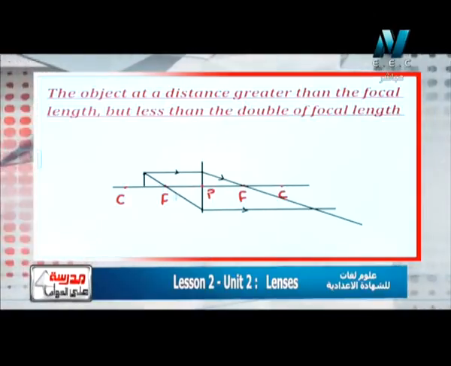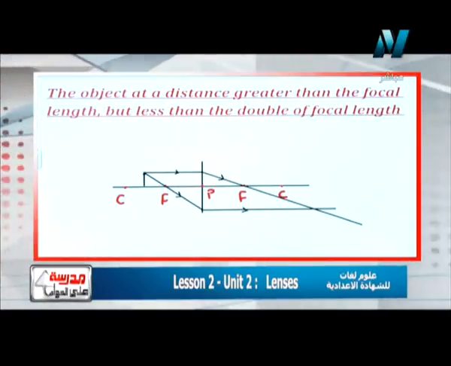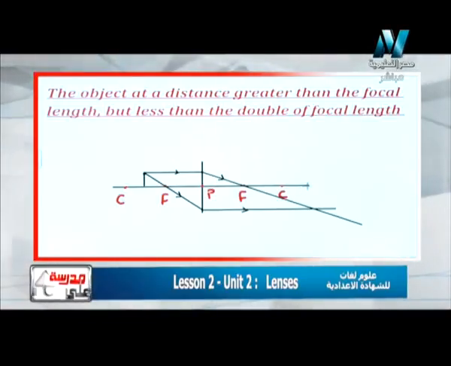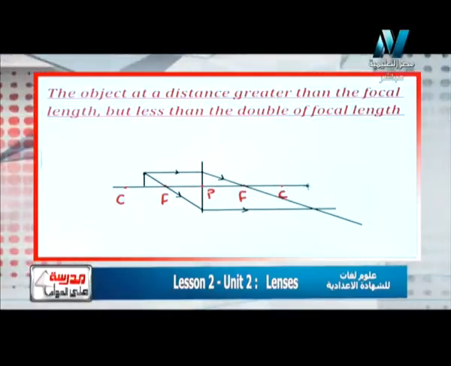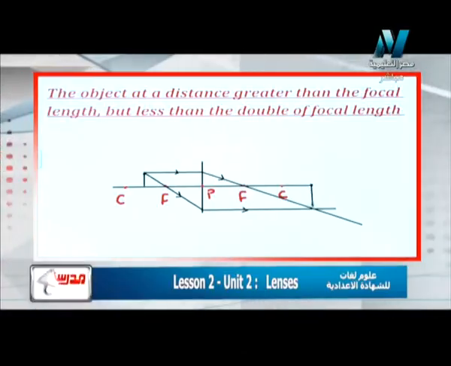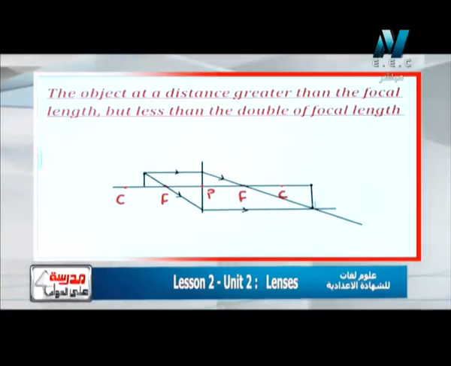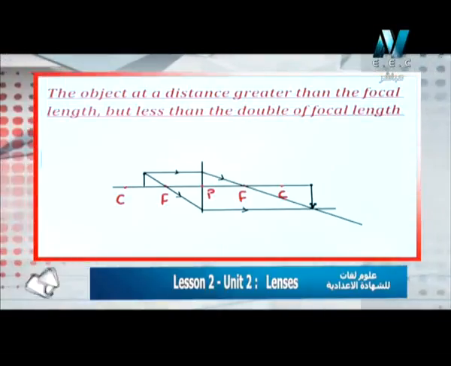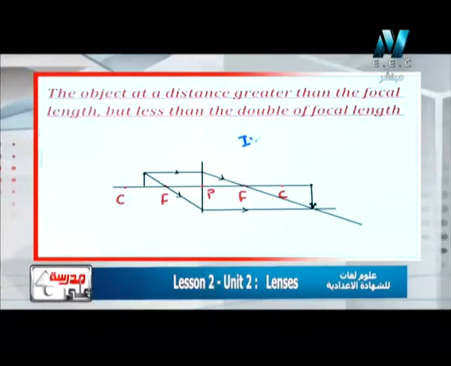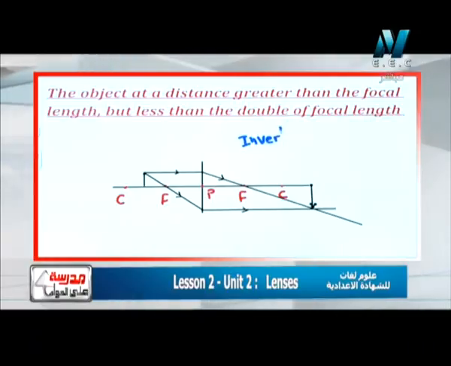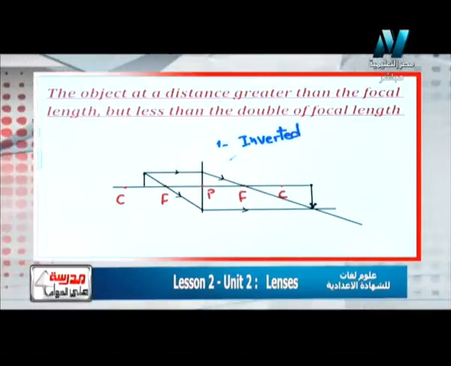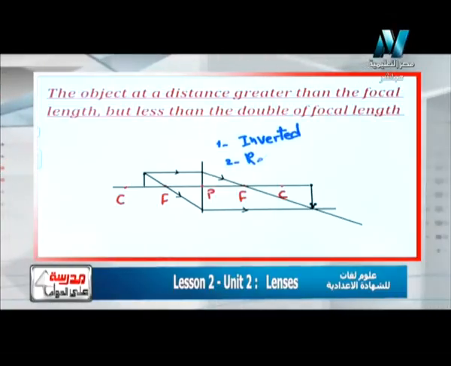So how can we deal with this problem, or the properties of the image? As we see, the image appears in this place. The image is inverted, not upright. Number two, real.